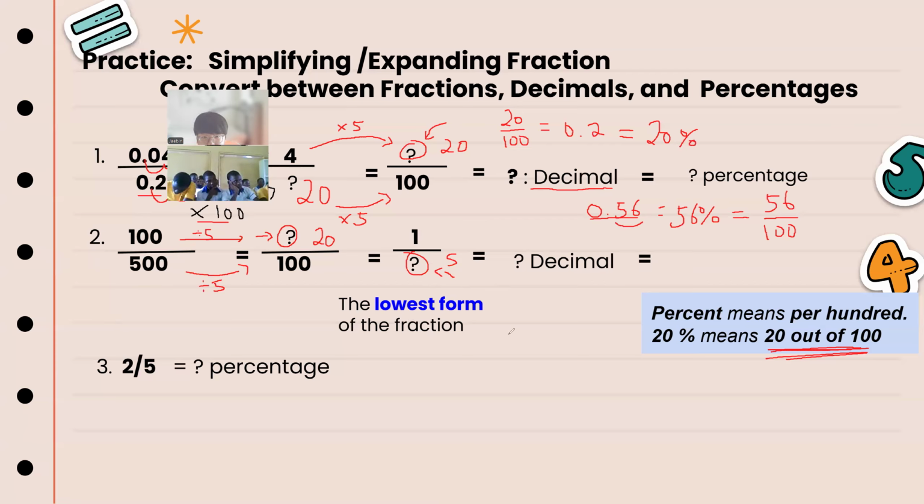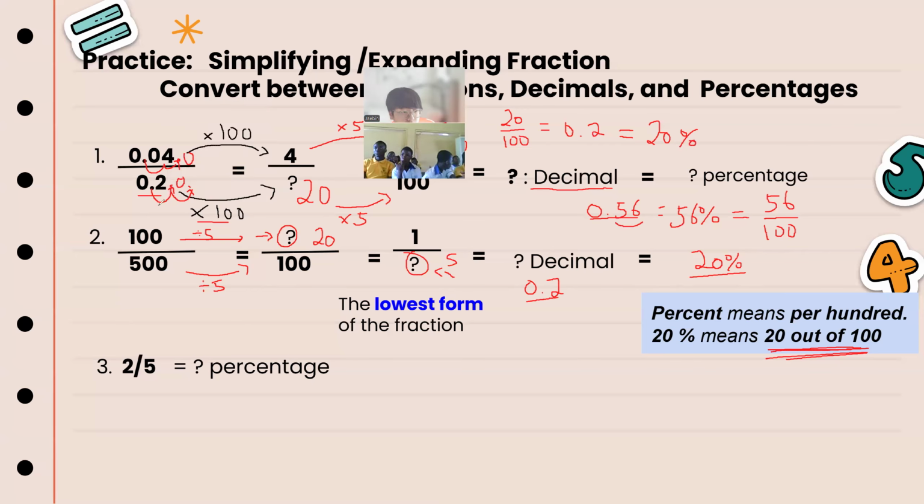So again, what will be the decimal form of this? 0.2. Yeah, again, it'll be 0.2. And the percent will be, again, 20%. So this is the same converted number at the end. We get 0.2 and 20% again, but we have derived it from a different fraction.